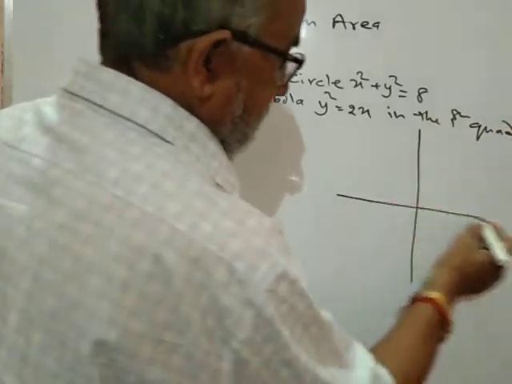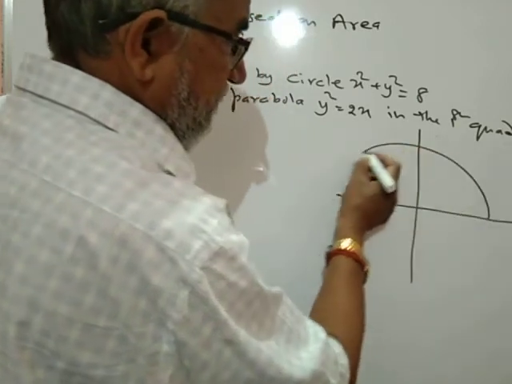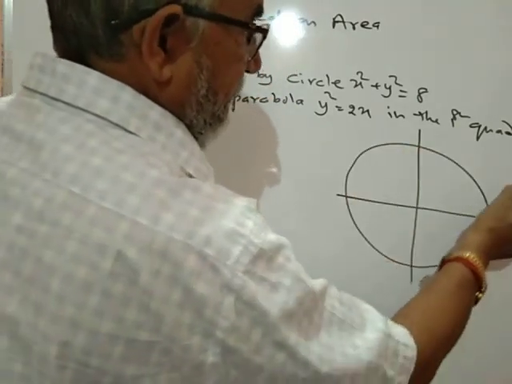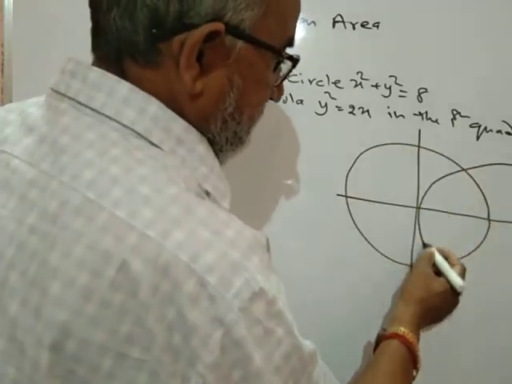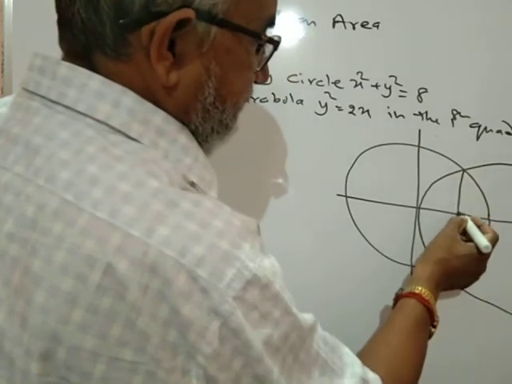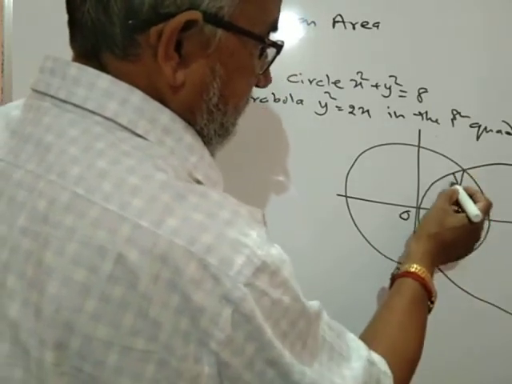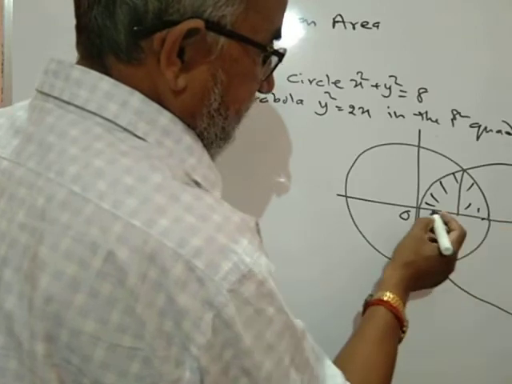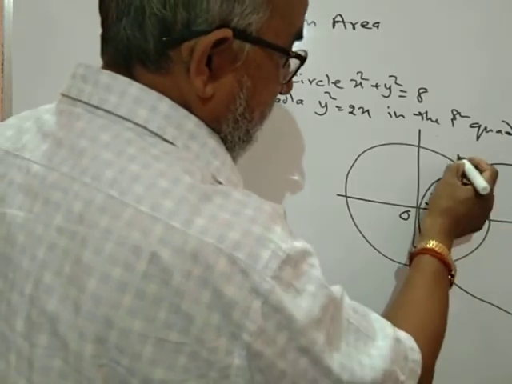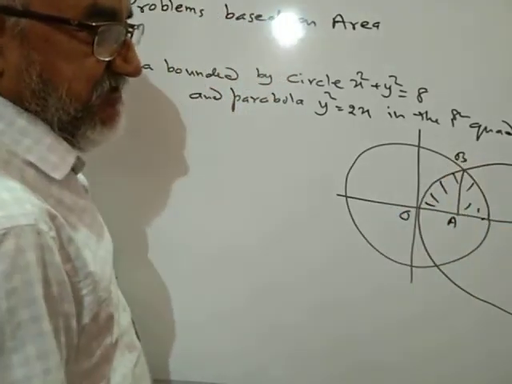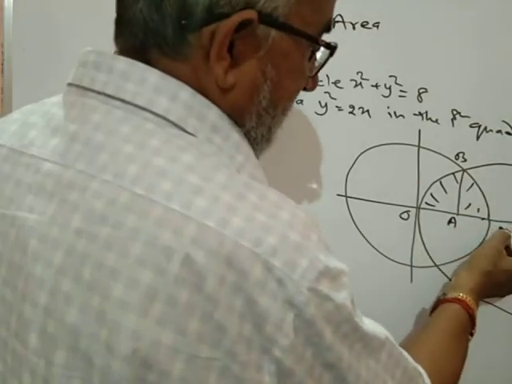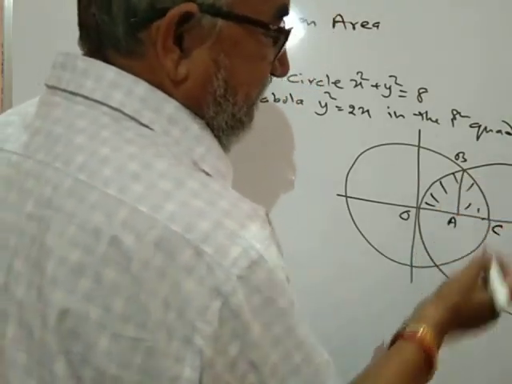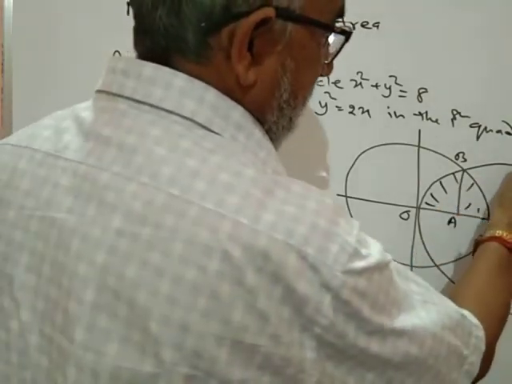So see here, this is the circle and this is the parabola. So that means this much area we require. This is the required area. So area OAB will be given by the parabola, and area ABC will be given by the circle.